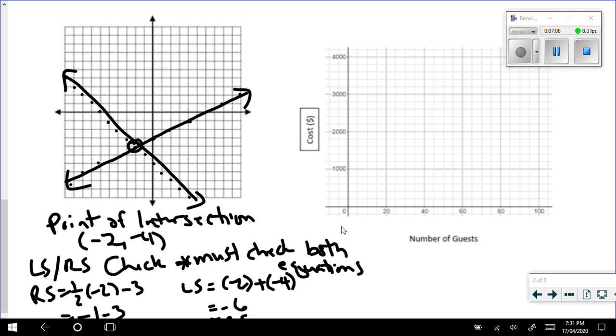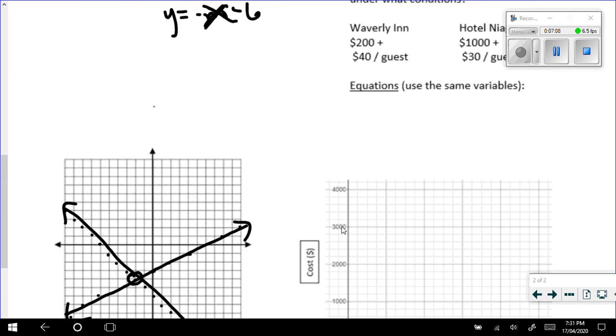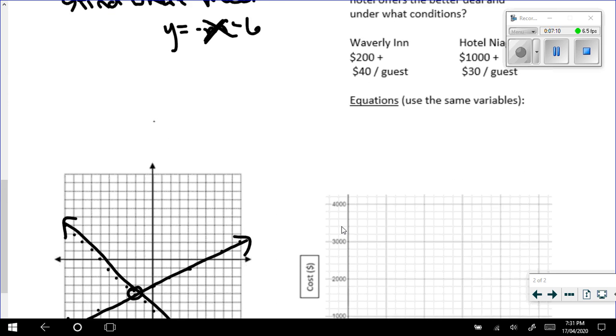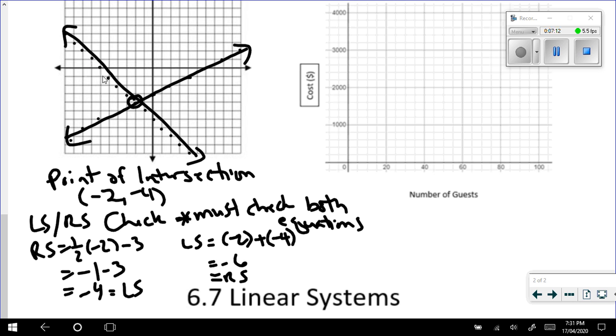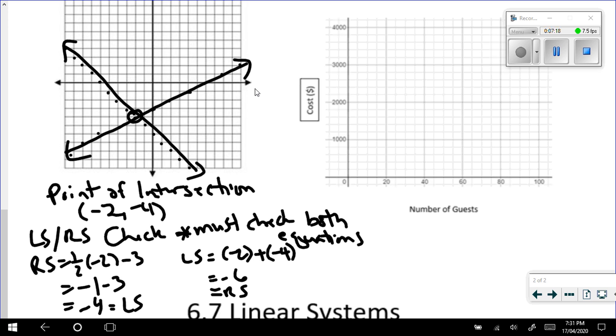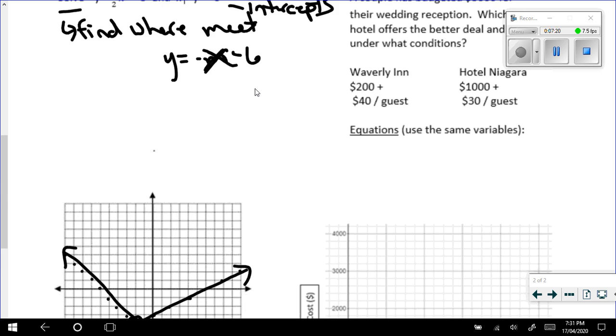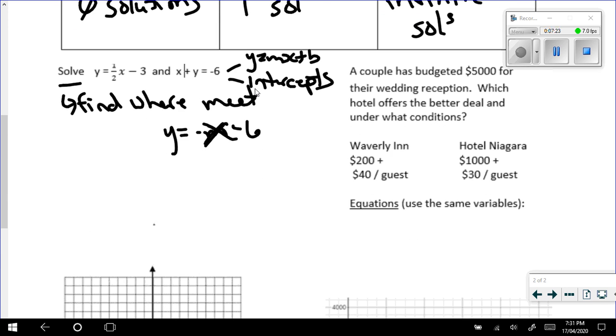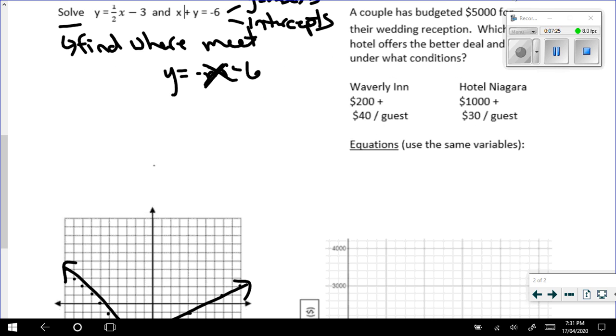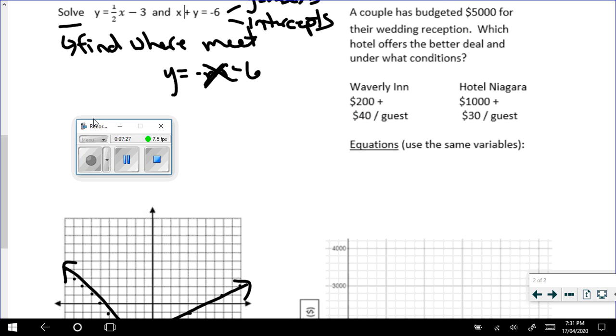The reason why is that it might work in one and not the other. It means you made a mistake. Now, I'll be honest, with a graph, it's not going to come up very often. Grade 10, one of the first things you're going to do is learn how to solve these algebraically, and it is very possible to make a mistake and have it work in one and not the other. So it's a good habit to get into this year so that next year everything is wonderful.